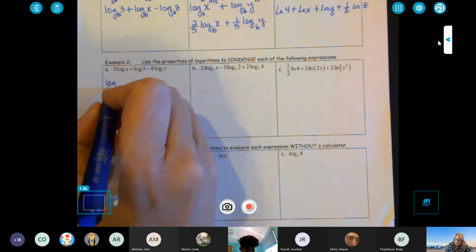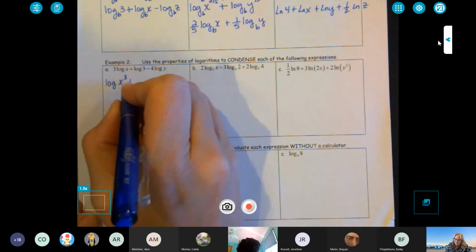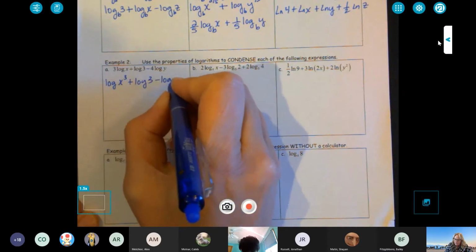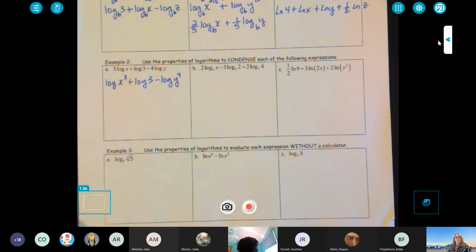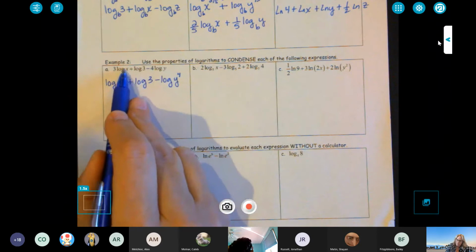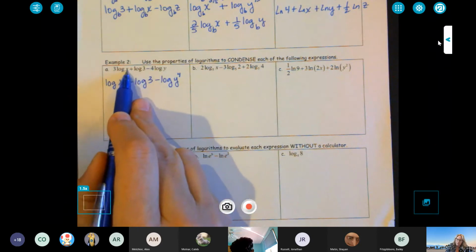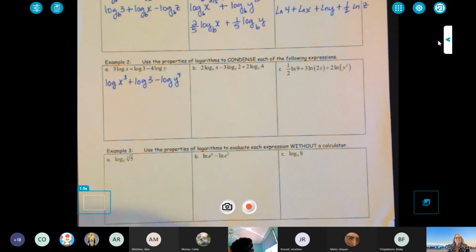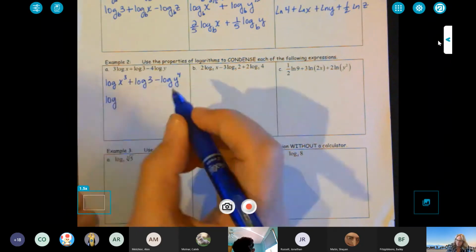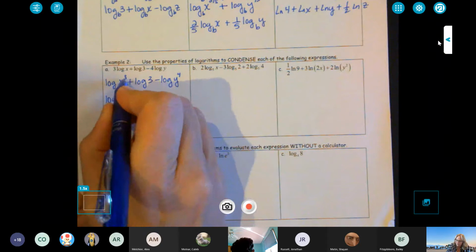So that gives us the log of x to the 3rd plus the log of 3 minus the log of y to the 4th. So that is the exponent, that's the power property. If it's in front of the log, you can move it up to the argument of that log. Okay, so a sum of logs is the same thing as the product of the arguments.